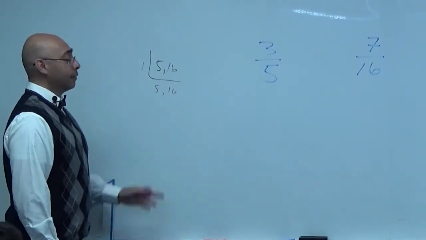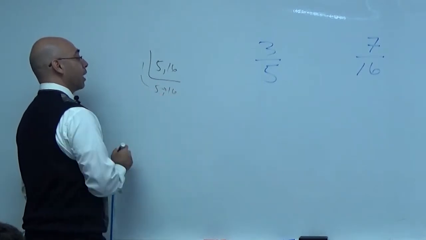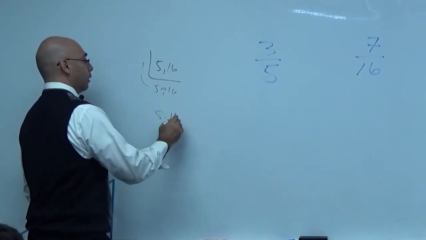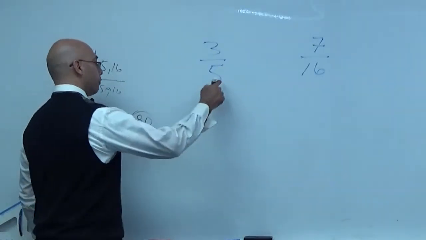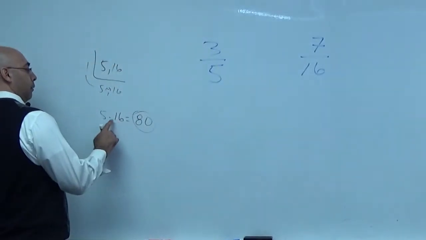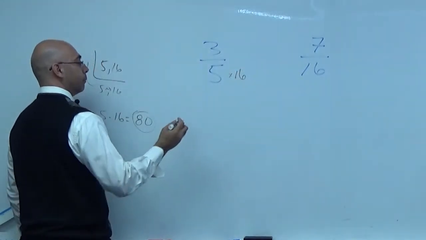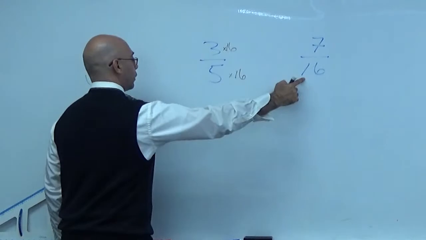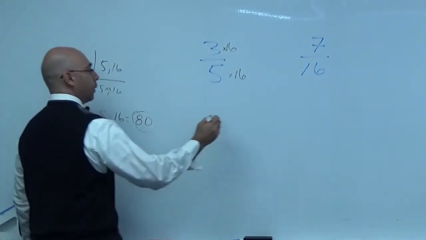So basically, to find your common multiple, just multiply them. What's 5 times 16? 80. So how do you turn a 5 into an 80? Multiply by 16. That means what should I do to the top? Multiply by 16. How do you turn a 16 into an 80? You multiply by 5.